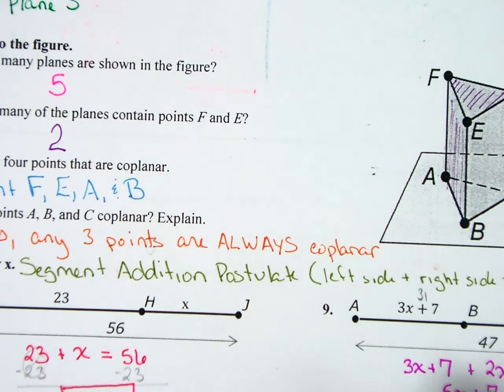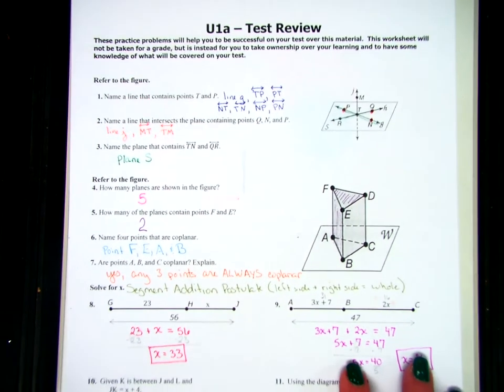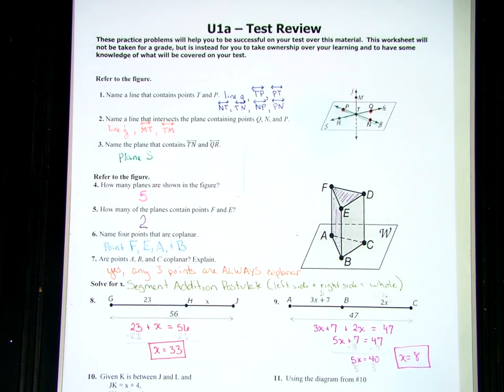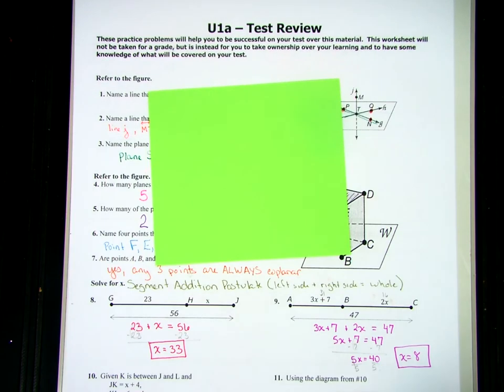Any questions on anything on the review? Okay. All right. You also picked up when you came in a little green card. You can write whatever you want on this card and use it on the test tomorrow. If you write real little, lucky you.